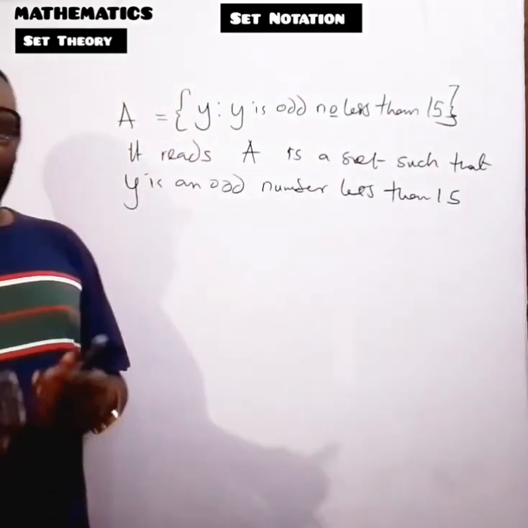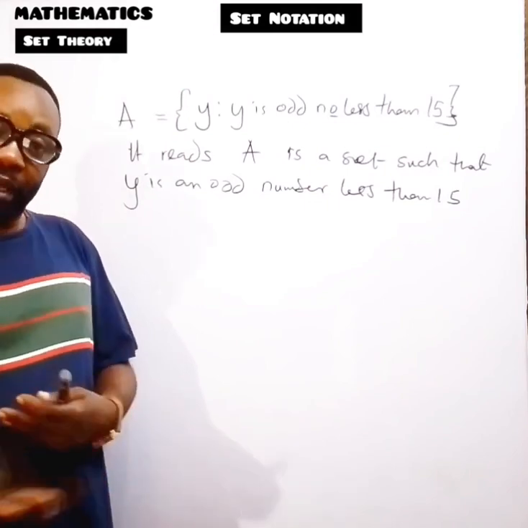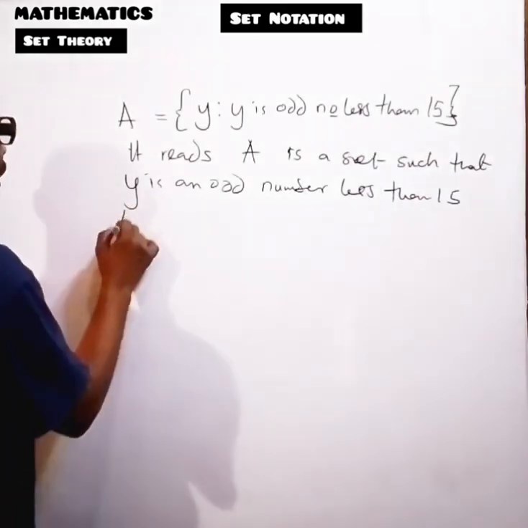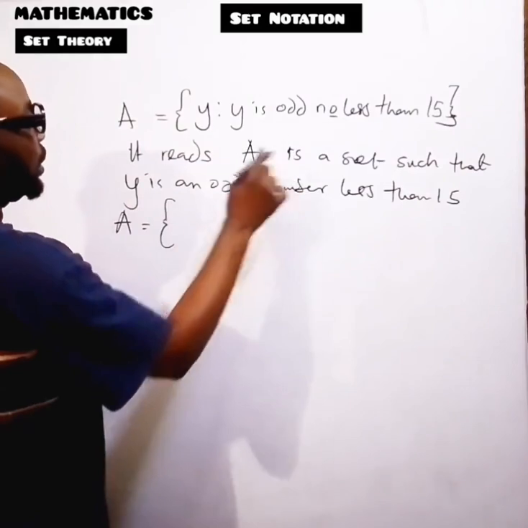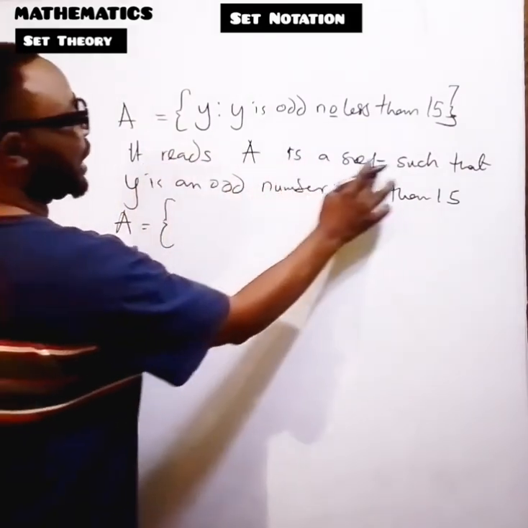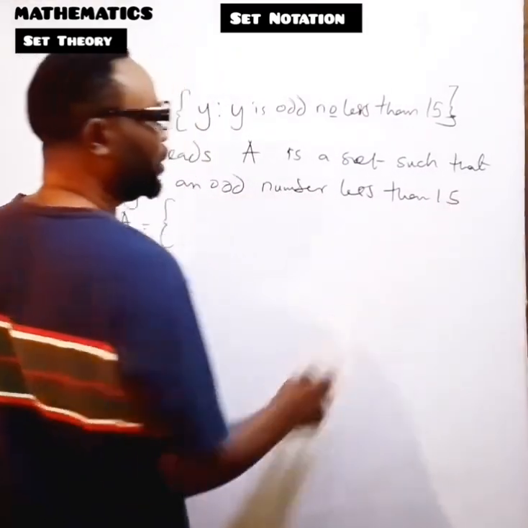Now, you need to write the set of that A out and show us the elements there. So A will now be equal to, it reads that A is a set such that y is an odd number less than 15.